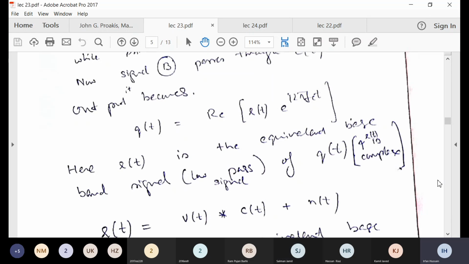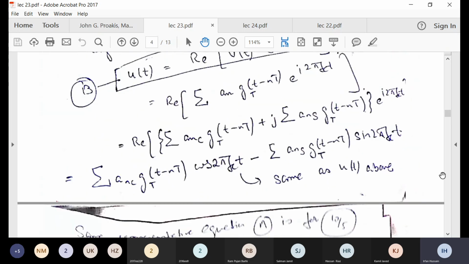All right, up to this point, no problem. Now my signal will be sent. Remember, your signal is being sent as a passband signal. But we can write that passband signal as the baseband signal multiplied with e^{jωt} and then taking its real part, or you can directly assume that you are sending this signal.